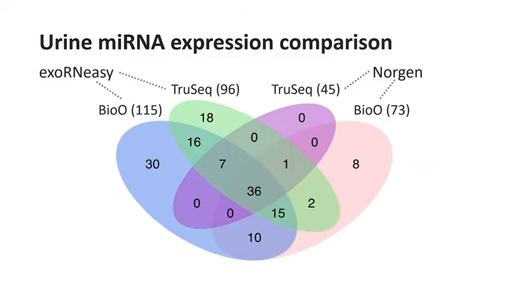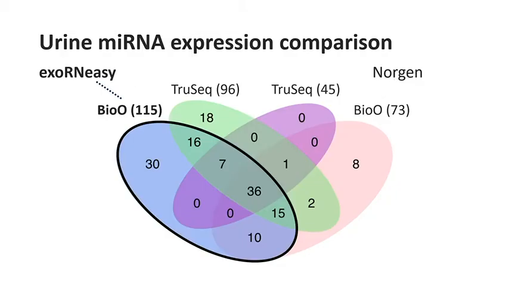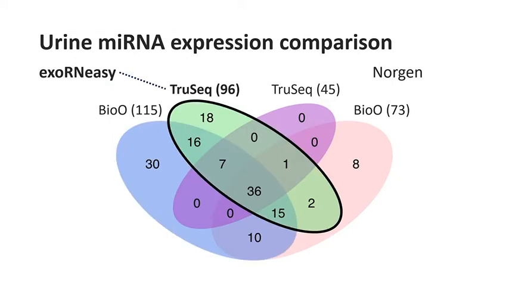And also, when I show the overall result using a Venn diagram, I would talk about the graph, saying each oval represents the number of microRNAs detected in that method comparison. So for example, the combination of using the XORNA and EZ isolation method with the Bio library preparation would give you 115 microRNAs. And this other combination would detect 96 microRNAs in your sample.